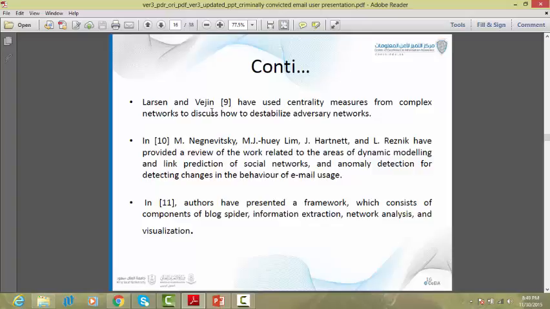Negwensky, Hui, Lim, Hartnett and Resnick have provided a review of the work related to the area of dynamic modeling. In the 11th reference, the authors have presented a framework.